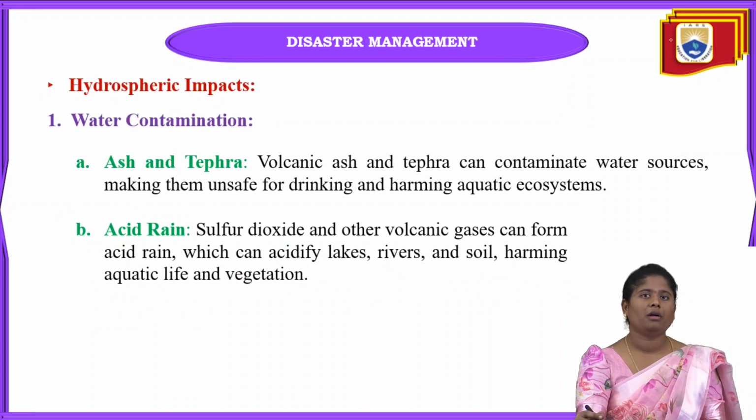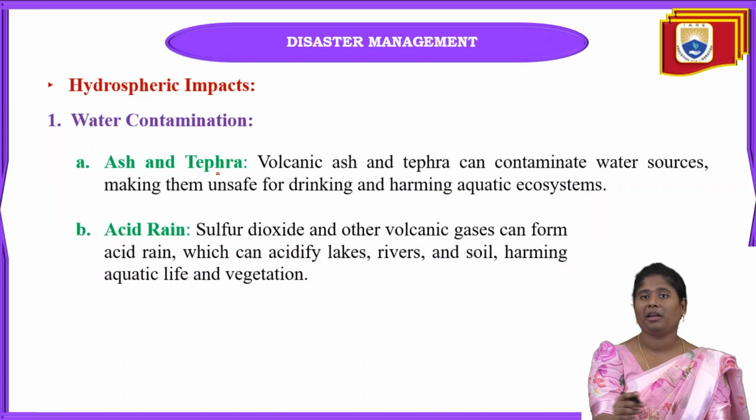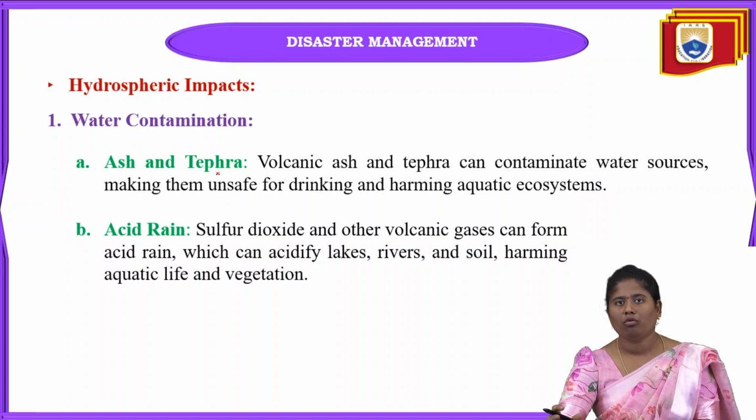Next one is hydrospheric impact, and in this hydrospheric impact, the first one is water contamination by ash and tephra. When volcanic ash and tephra flow onto the earth surface or water surface, they directly contaminate the water sources, and we are not going to drink that water.